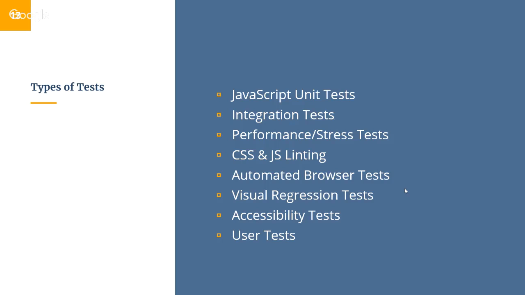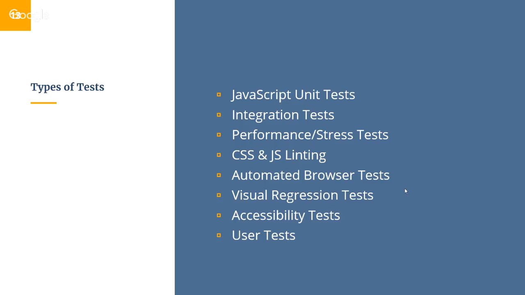Back to the types of tests. There are automated browser tests, which we'll also explain later. And we took a look at accessibility tests and how powerful they are. And finally, user tests, which are the most basic testing technique and actually the one you've been using all along.